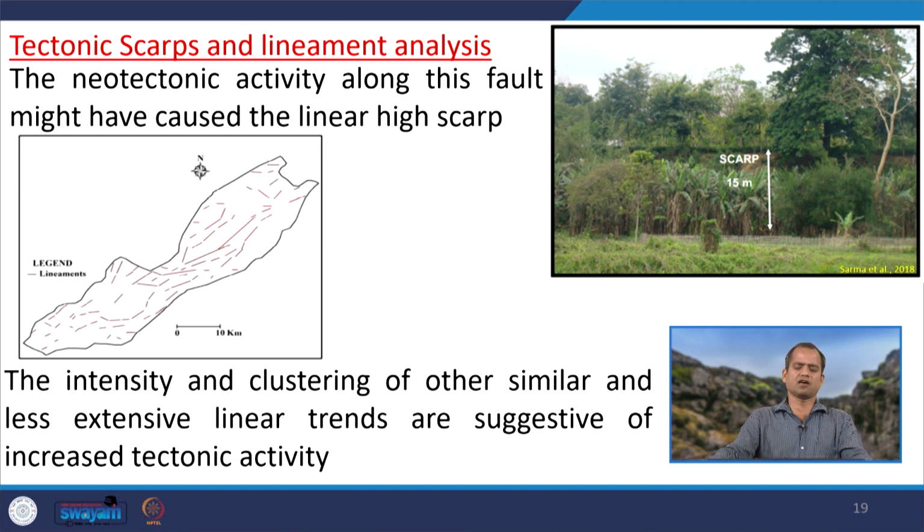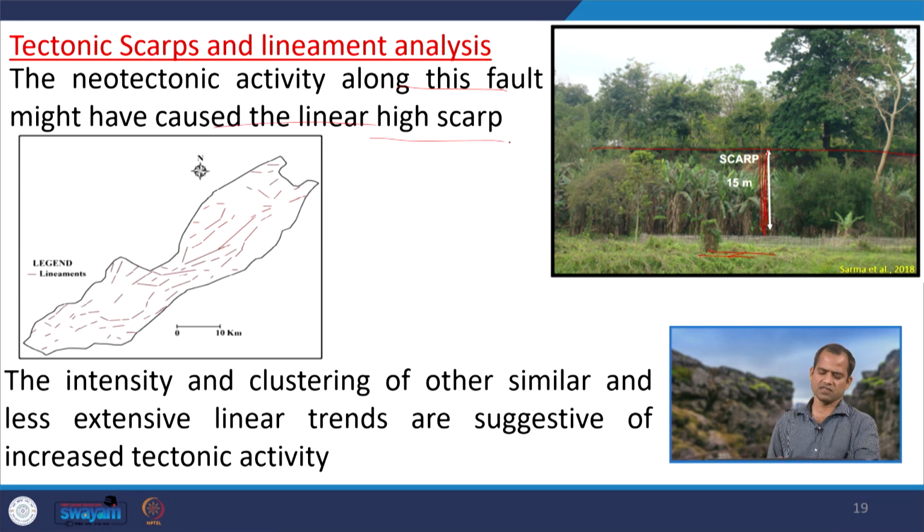Then tectonic scarps and lineament analysis. Tectonic scarp: if you see this field photograph, this is the fault scarp, this is the upthrown block and this is the downthrown block. So, this much is the fault scarp, and the neotectonic activities along this fault might have caused linear high scarps.